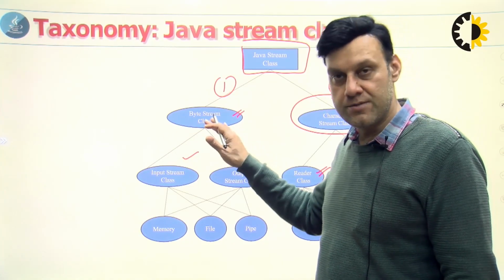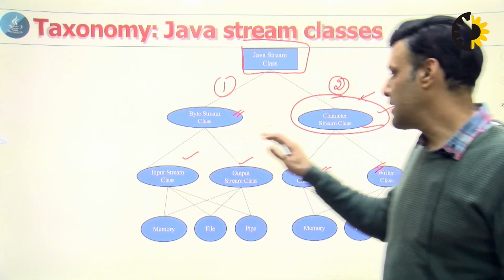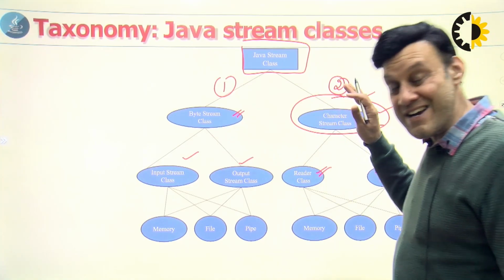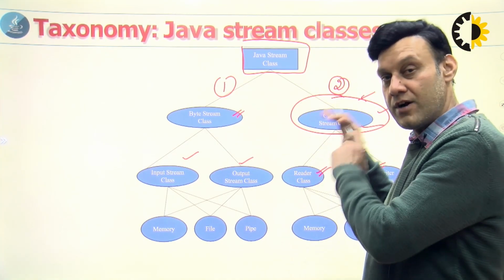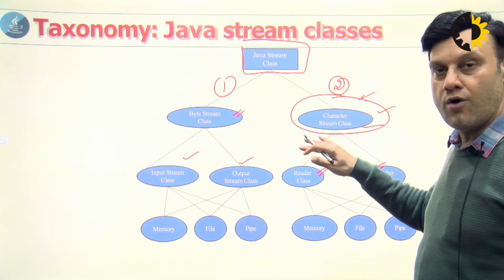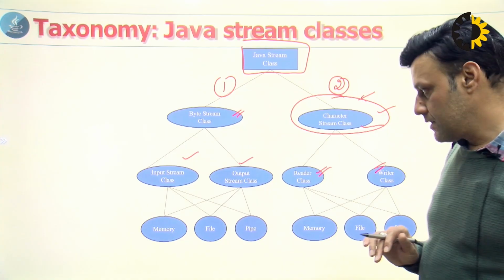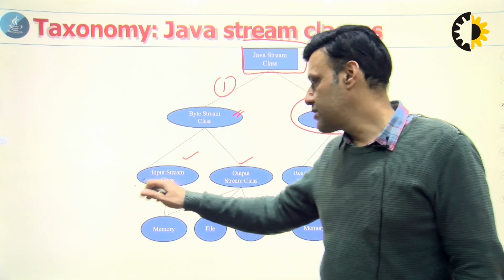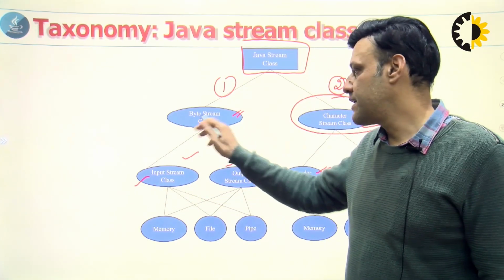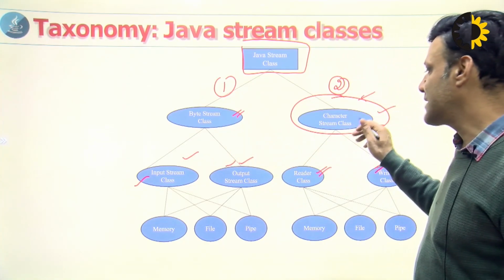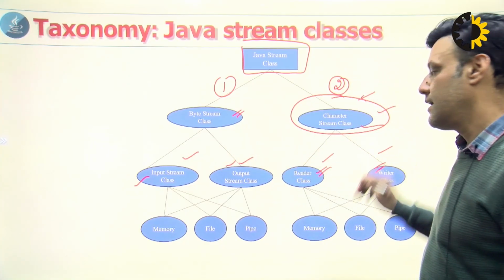These exist under the byte stream class, and similarly identical functions of input and output exist under the character stream class. Under the byte stream class we have the input stream class and output stream class, and under the character stream class we have the reader class and writer class.